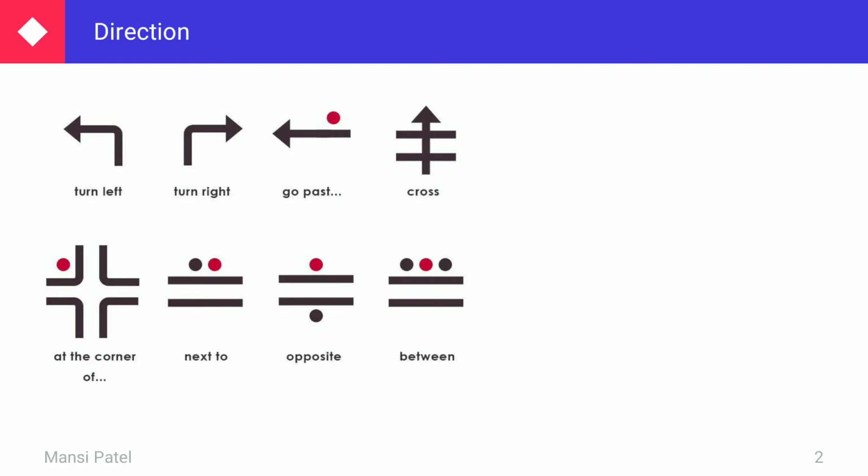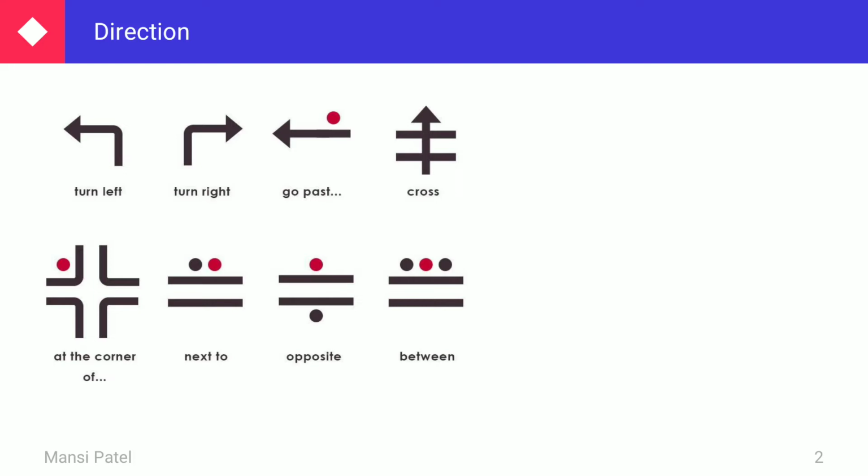If you are here and you go straight, now you see that here is your left hand side. So if you want to move to the left side, then you use the words turn left.